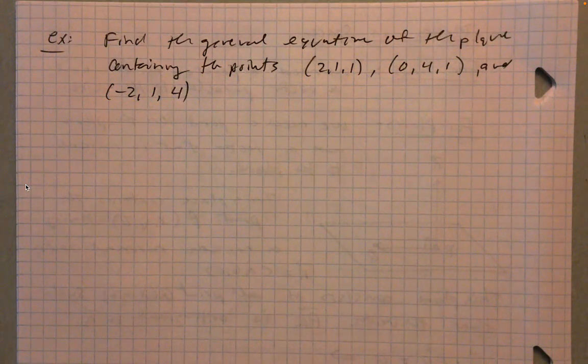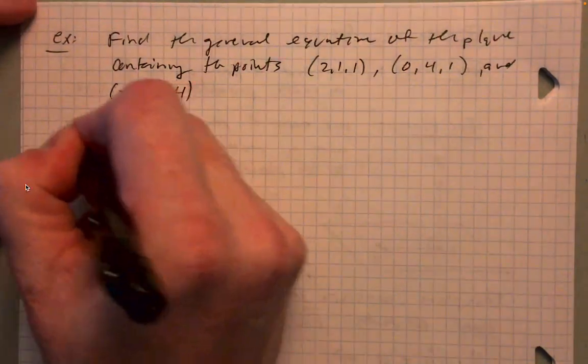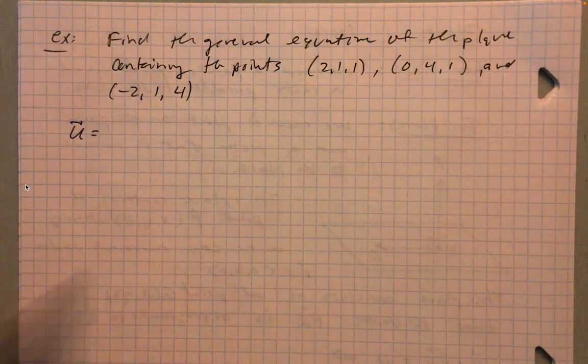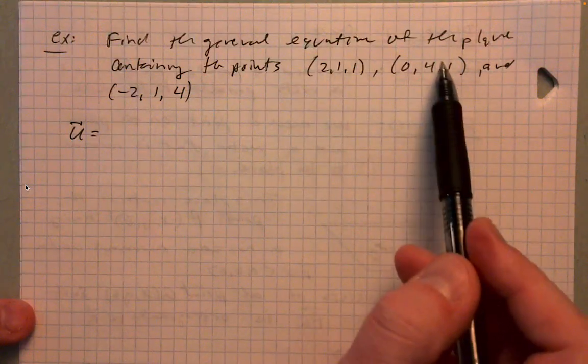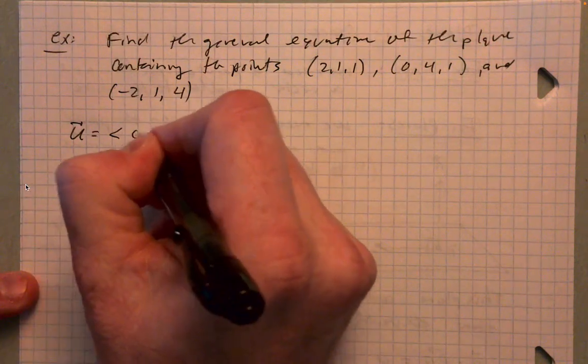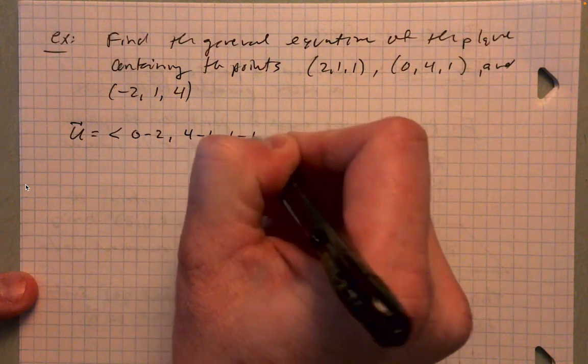From these 3 points, we can construct 2 vectors. Let's call them u and v. The u vector we'll get from subtracting this point from this point. So u is equal to 0 minus 2, 4 minus 1, and 1 minus 1.